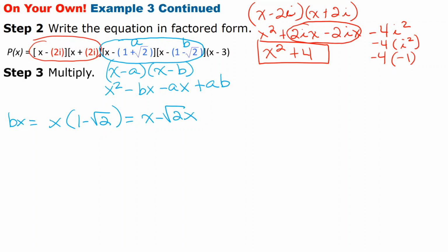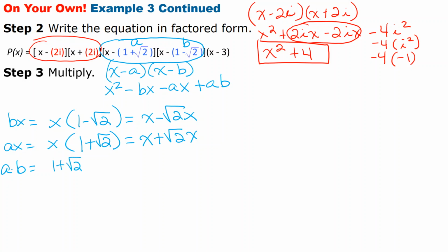My ax is going to be x times the a, and our a was 1 plus square root of 2. When I distribute that, I get x plus square root of 2x. And then a times b is equal to 1 plus square root of 2, that's our a, times 1 minus square root of 2.